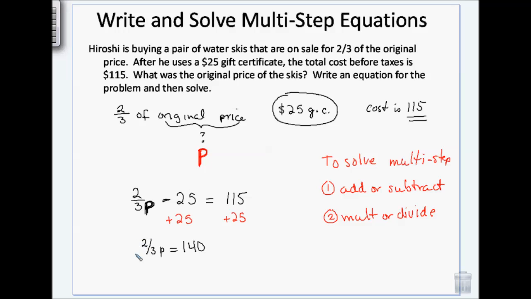Do you want to do this in one step where you multiply by the reciprocal, or the 2 steps where you don't have to deal with fractions? 2 steps? Okay, so we're going to multiply by the denominator. So we're left with 2p, and that is going to be 420. Then we're going to divide by 2. And p is going to be $210. So this is how much the skis were originally, $210.